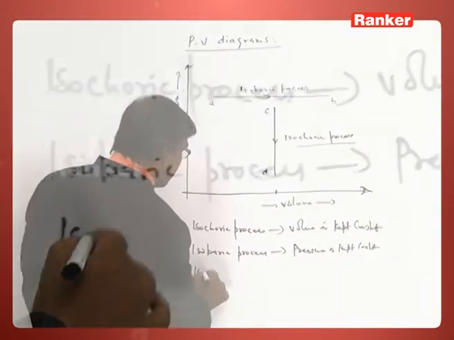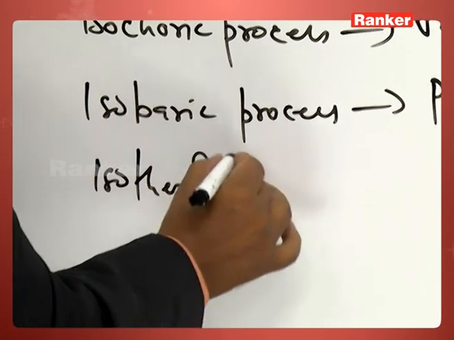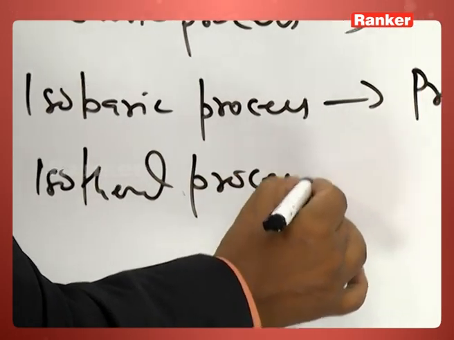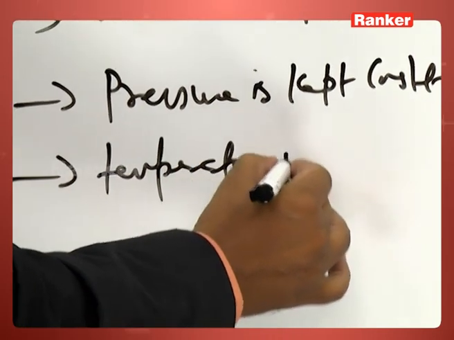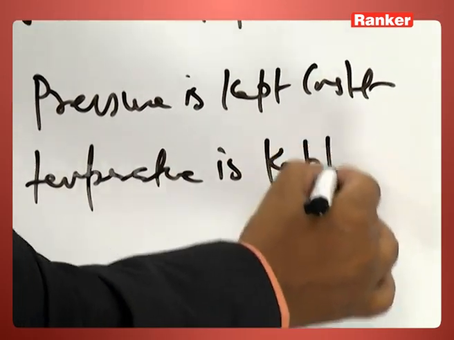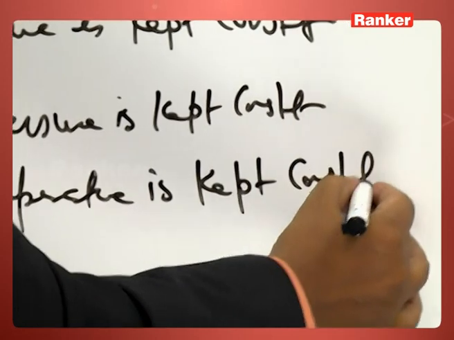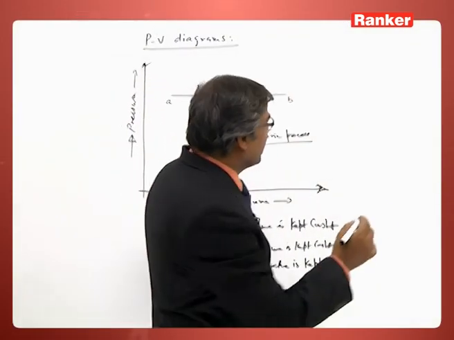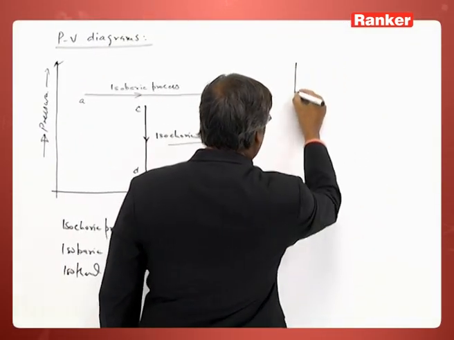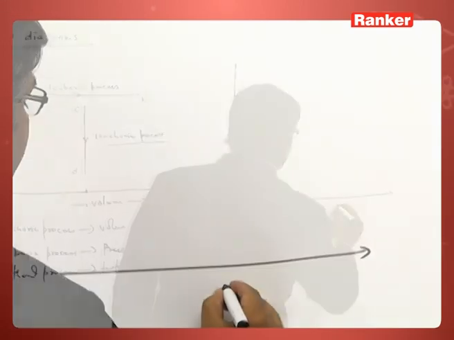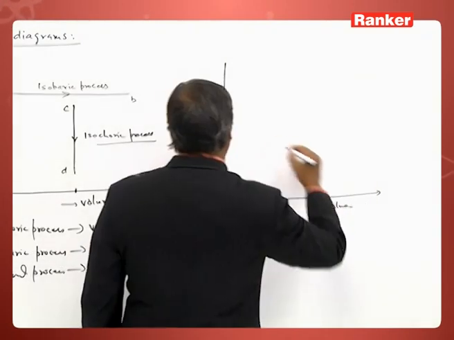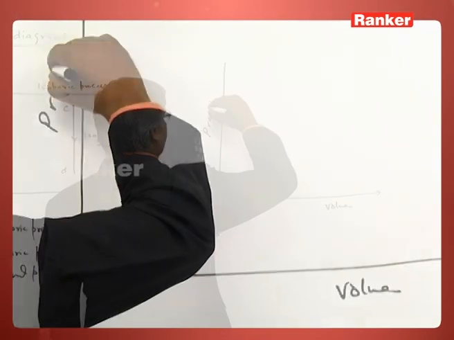Next, isothermal process. So, here temperature is kept constant. So, in an isotherm, this is volume and this is pressure.